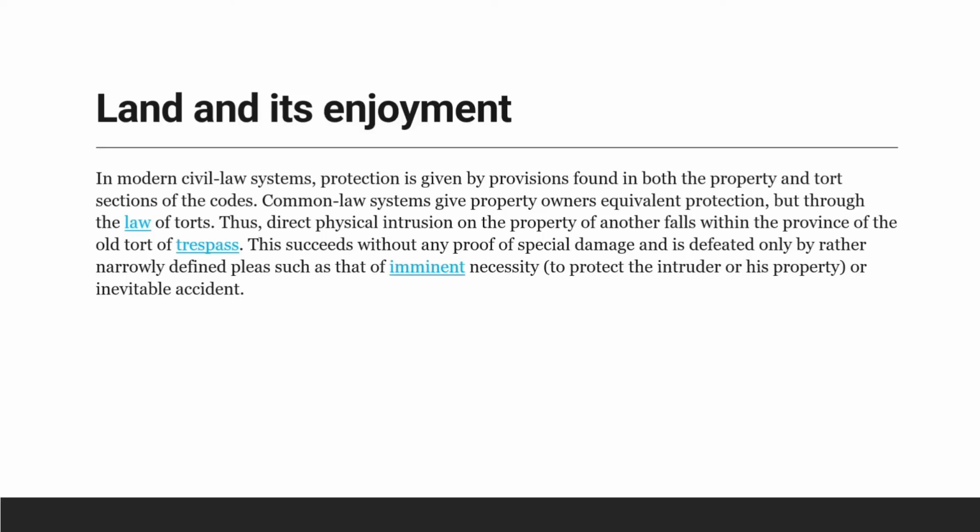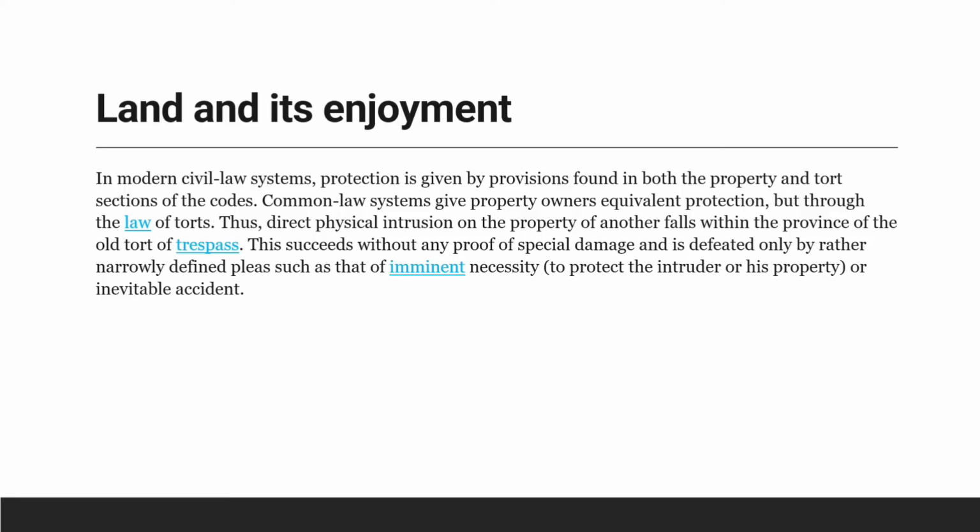Land and its enjoyment. In modern civil law systems, protection is given by provisions found in both the property and tort sections of the codes. Common law systems give property owners equivalent protection, but through the law of torts.